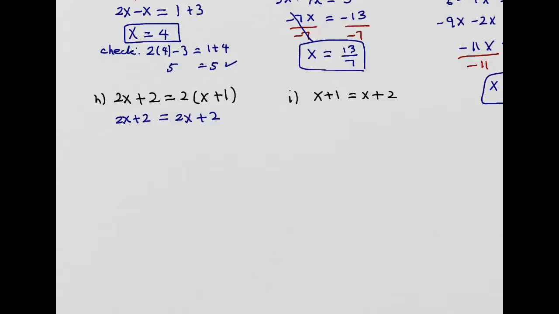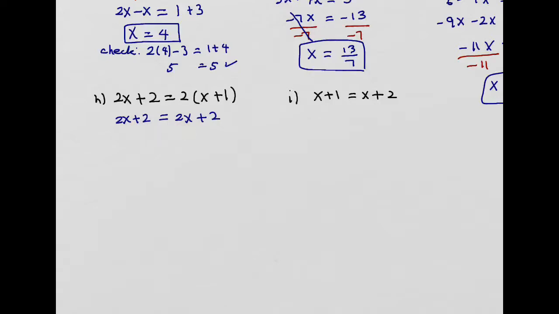You can see that the right side, 2x plus 2, equals the left side, 2x plus 2. They equal each other. In this case, no matter what x is, the right and left will always match. So this one is going to have many solutions, okay?